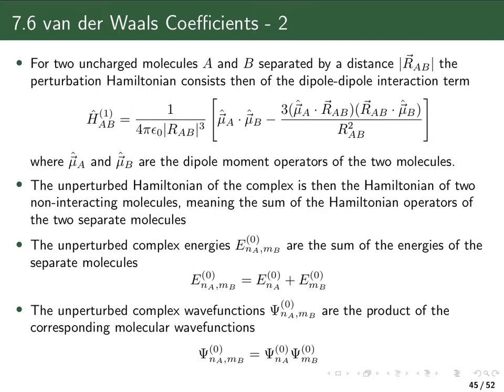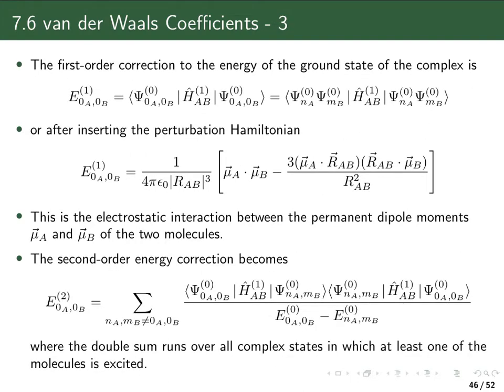So it's just the sum of the normal unperturbed Hamiltonian for molecule A, plus the corresponding Hamiltonian for molecule B, which also means that the zeroth order energy, the unperturbed energy of the complex, is then just the sum of the two unperturbed energies. And similarly, we write the unperturbed complex wave function just as the product of the two unperturbed wave functions of the two separated systems.